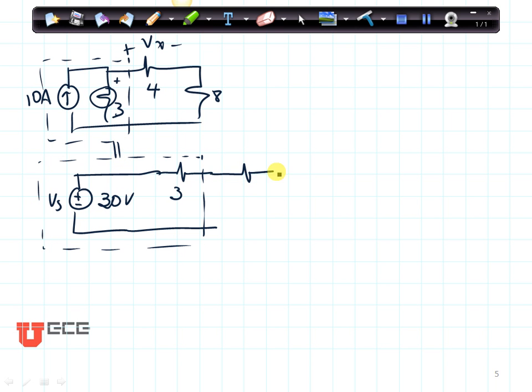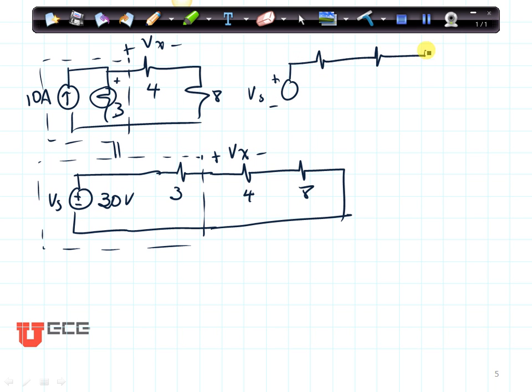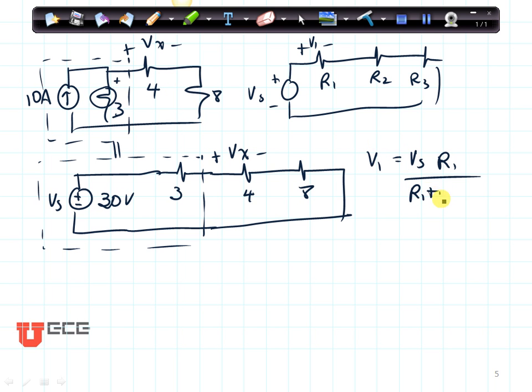Then I have my 4 ohm and my 8 ohm resistance, 4 and 8, and what I want to find is Vx here. Remember, when I have a voltage divider, like so, and I have a series of 3 resistances, R1, R2, and R3, V1 is equal to Vs times R1 divided by R1 plus R2 plus R3, similar for V2, V3, and V4.